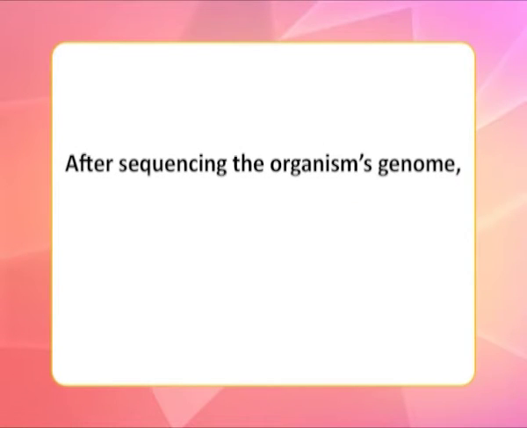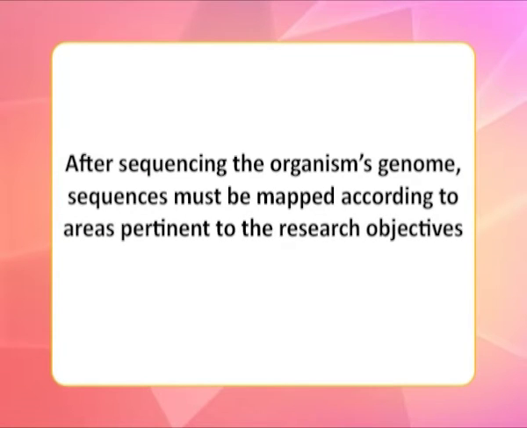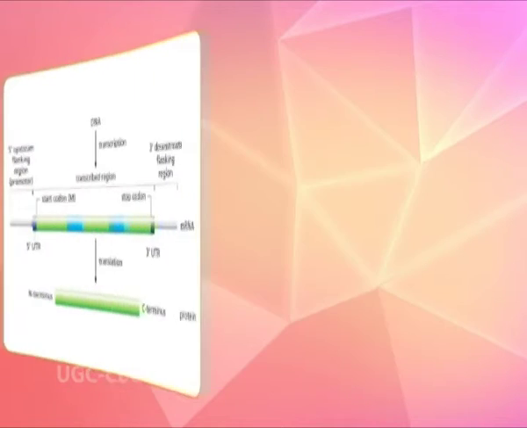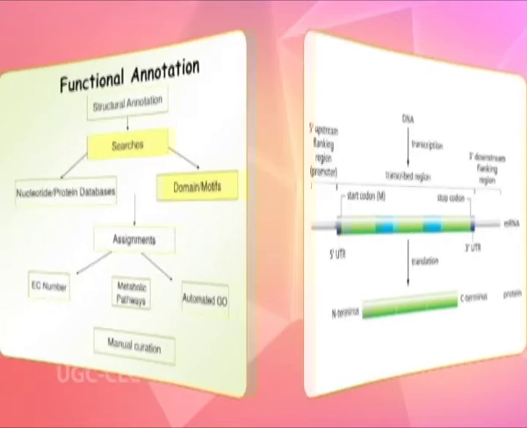After sequencing the organism's genome, sequences must be mapped according to areas pertinent to the research objectives. Gene predictions can be made with computational techniques for recognizing gene sequences, including stop codons and the initial portions of nucleotide sequences.